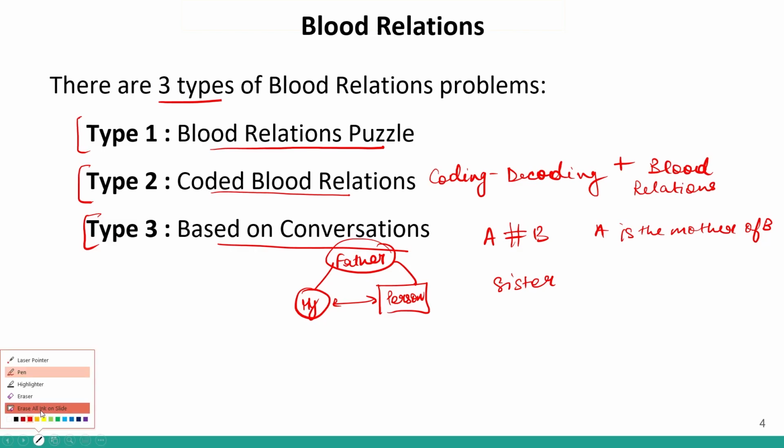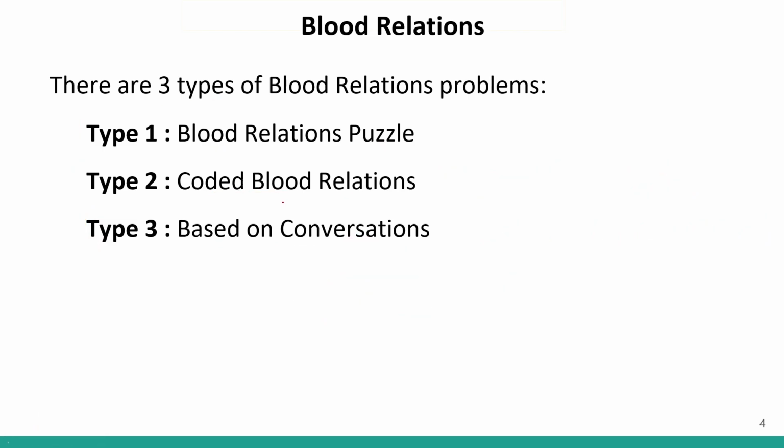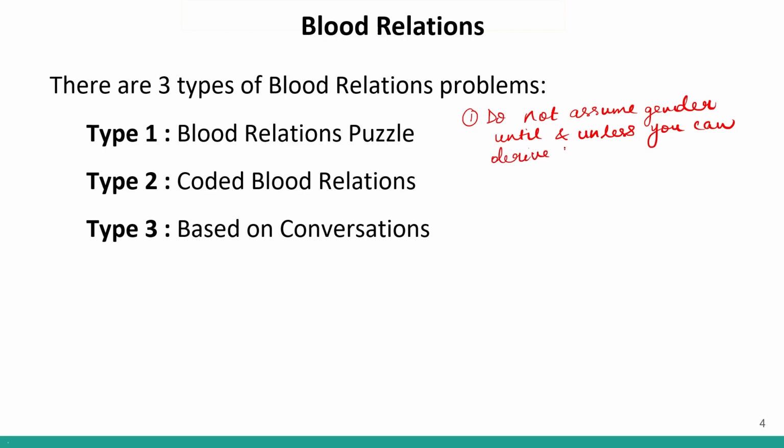But before we start that, there are certain points that I want you to remember. The first point is, do not ever assume gender, until and unless you can derive it from the information given in the question.